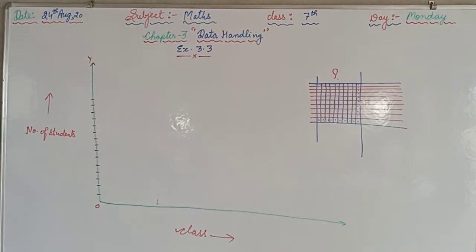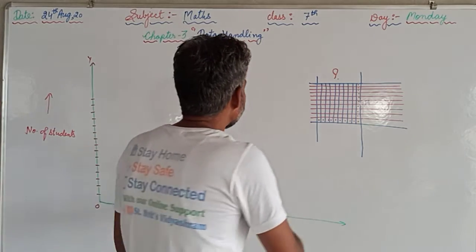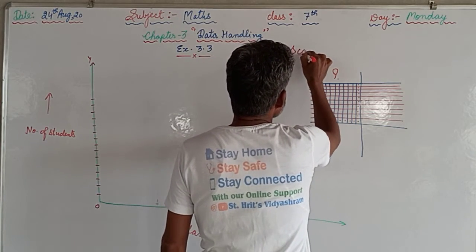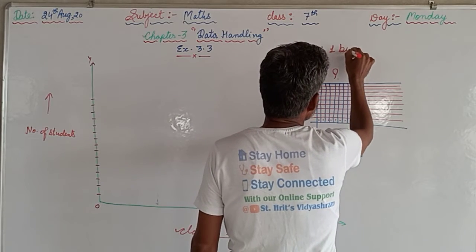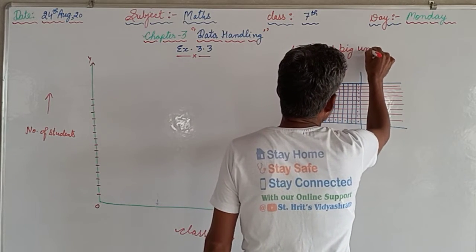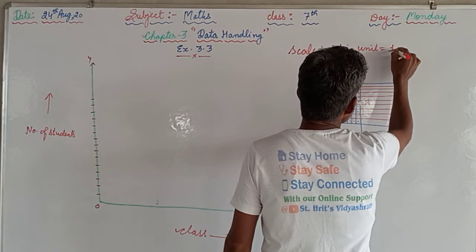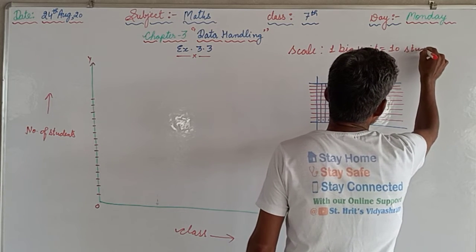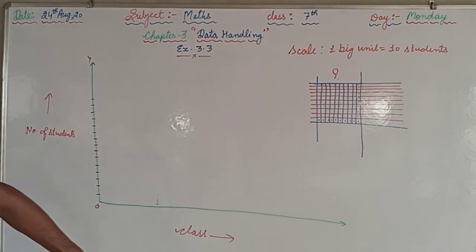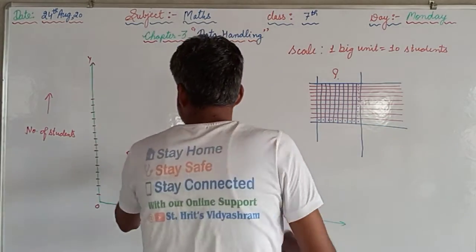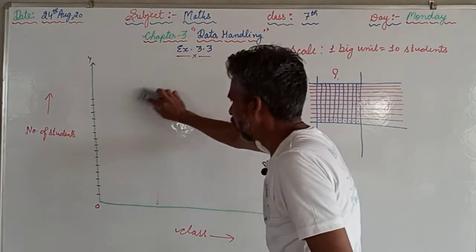So like this we are supposed to select the scale, and we are supposed to mention here one big unit is equal to 10 students. Like this, these units you will find all over the graph paper.